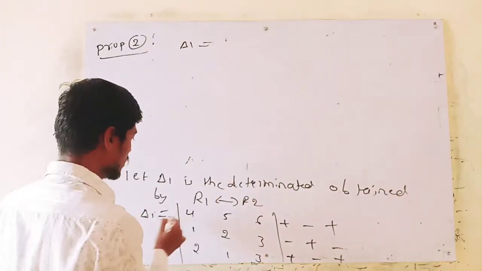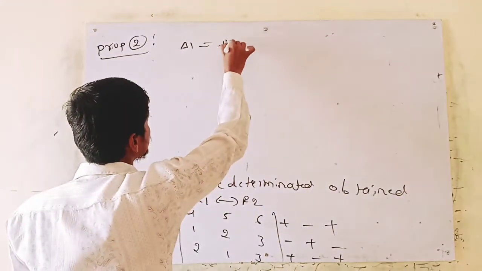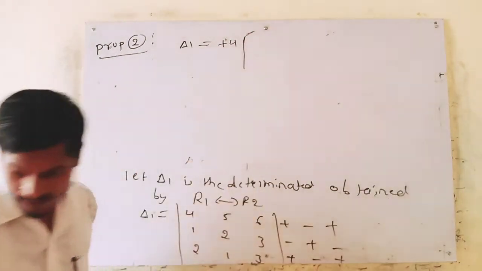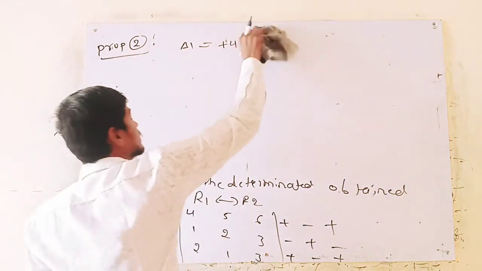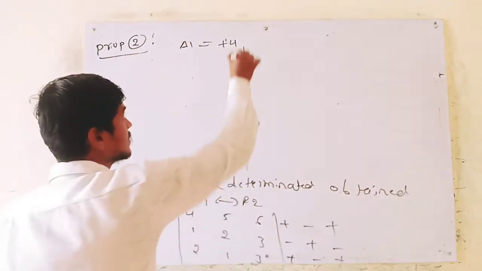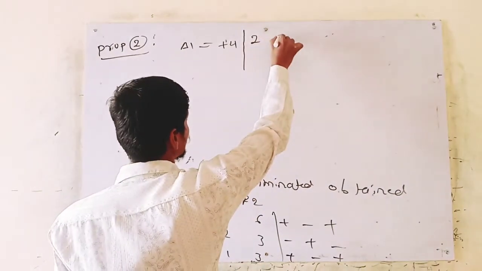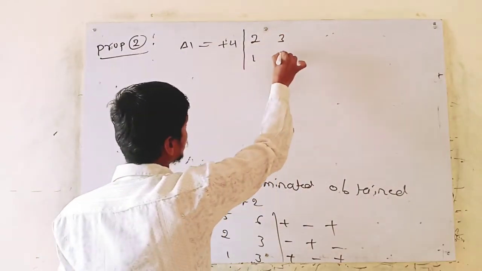Delta 1 equals plus 4 times the determinant of, leave the elements along R1 and C1, therefore 2 3 1 3.